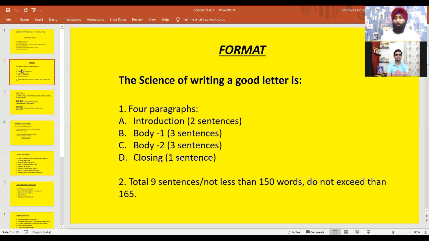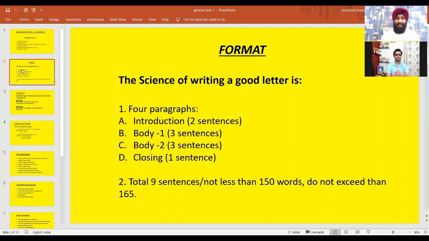Then you have your body where you will be covering your bullet number 2. Your bullet number 1 is to be covered in your introduction paragraph. You are supposed to cover it over there. Then your body 2 will be covering your bullet number 3. And here you will also be writing 3 sentences describing the entire affair. And then you will be having a closing.